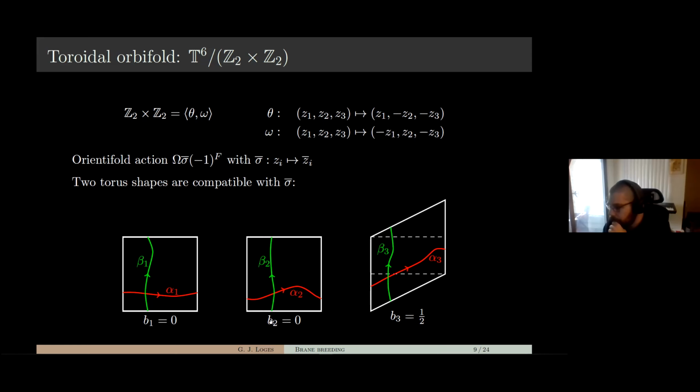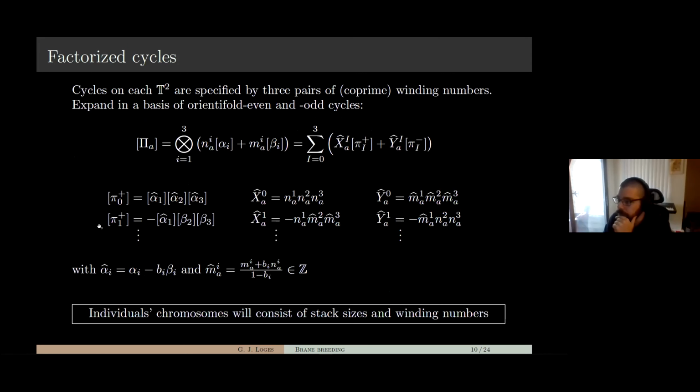So for a particular choice, there are, let's see, 4 different choices for how many tilted tori you have. And then for each of these, you can choose the aspect ratio of the torus as well. So the D6 branes, we can take to wrap 3-cycles on this orbifold, 1-cycles on each of the 2 tori, which are labeled by 2 co-prime integers, n's and m's.